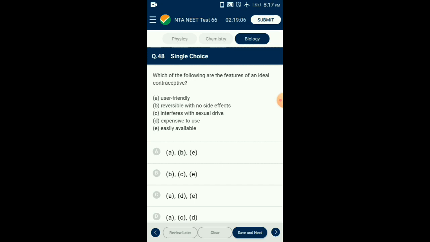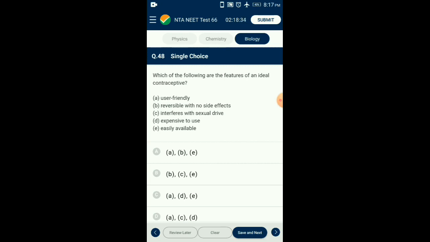It also should in no way interfere with the sexual drive, desire, and the sexual act of the user.